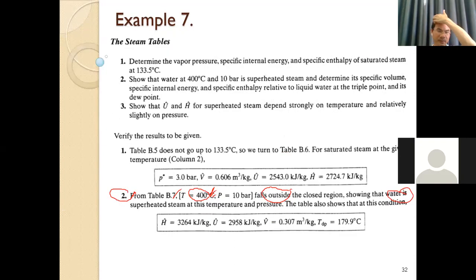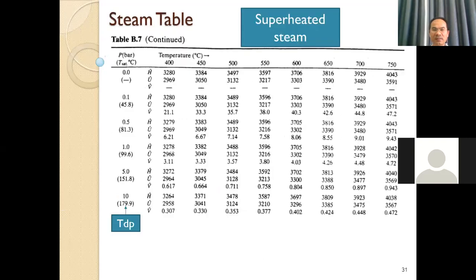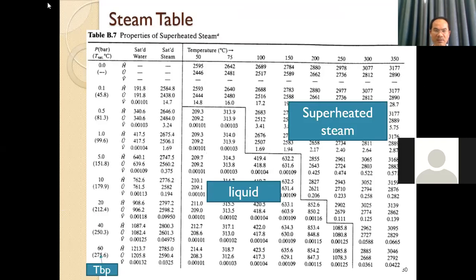Like this. And the second question: show that the water at 400 degrees and 10 bar is superheated. Okay, is it superheated or not? Right, this table can help you. This is 0.5, that's right.